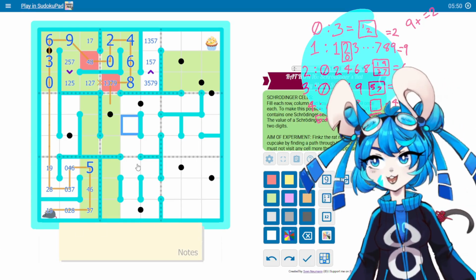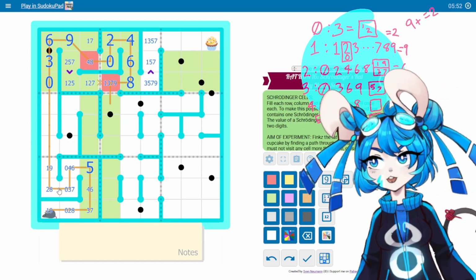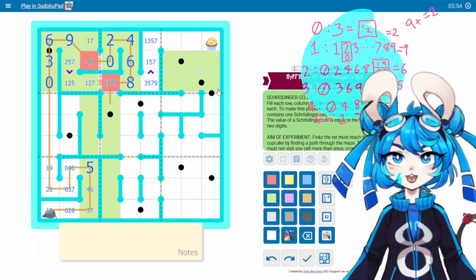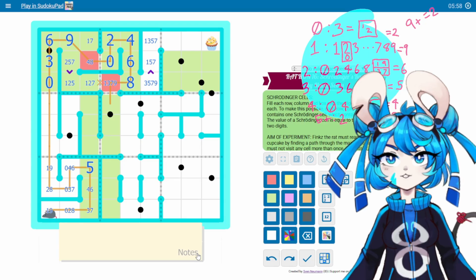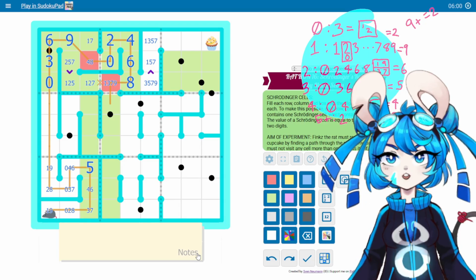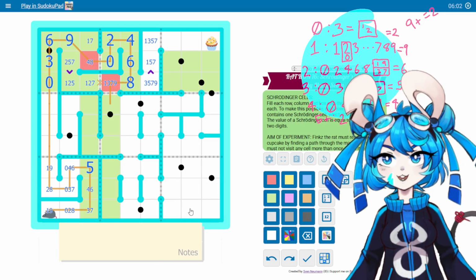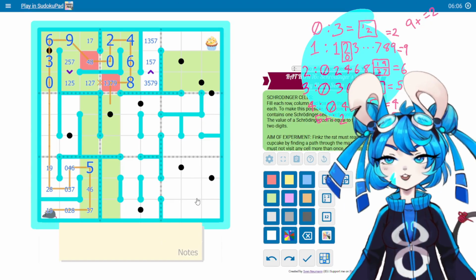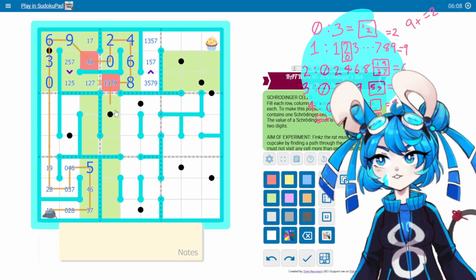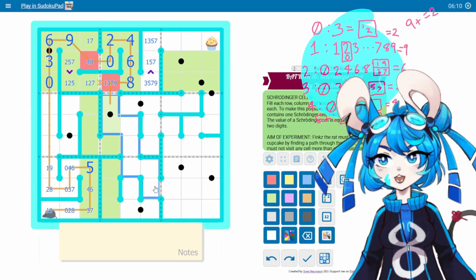So we have used all of the sequences of length 5 or more, which means we're left to sequences of only length 4, 3, or 2. In this box, it could be 2, it could be 3.